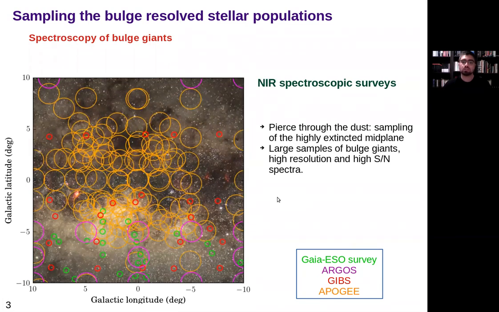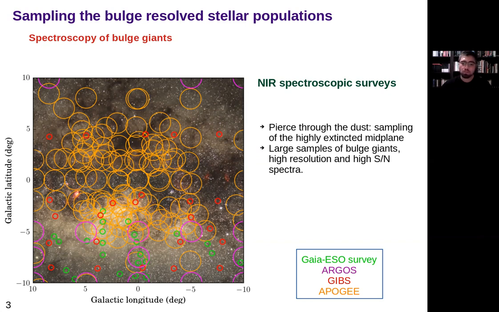But in the last years, some near-infrared spectroscopic surveys have been used to sample that previously avoided part of the bulge. And this is because near-infrared wavelengths can pierce through the dust, allowing us to sample stars in the bulge at those large distances and high extinction levels.